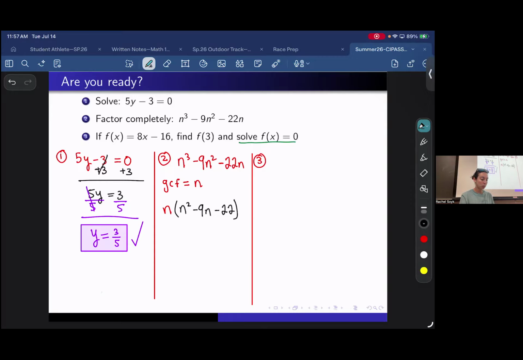Leading coefficient is 1, so let's look at what are factor pairs of 22, or negative 22, that add to negative 9. Exactly. So we can just break this up into n minus 11 and n plus 2.